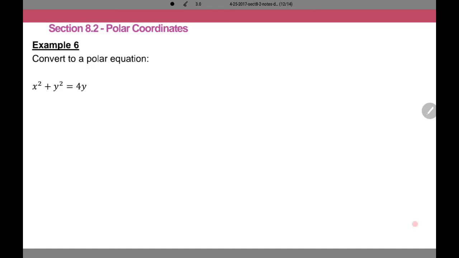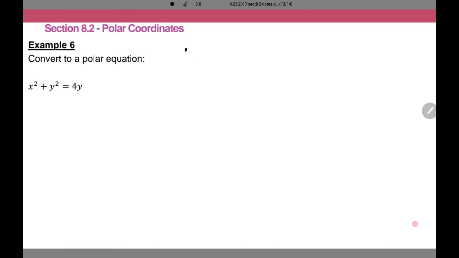Again, they all have some similarities. If you've got x squared plus y squared, you should know that r squared equals x squared plus y squared, and y equals r times the sine of theta. And then we just substitute these things in.